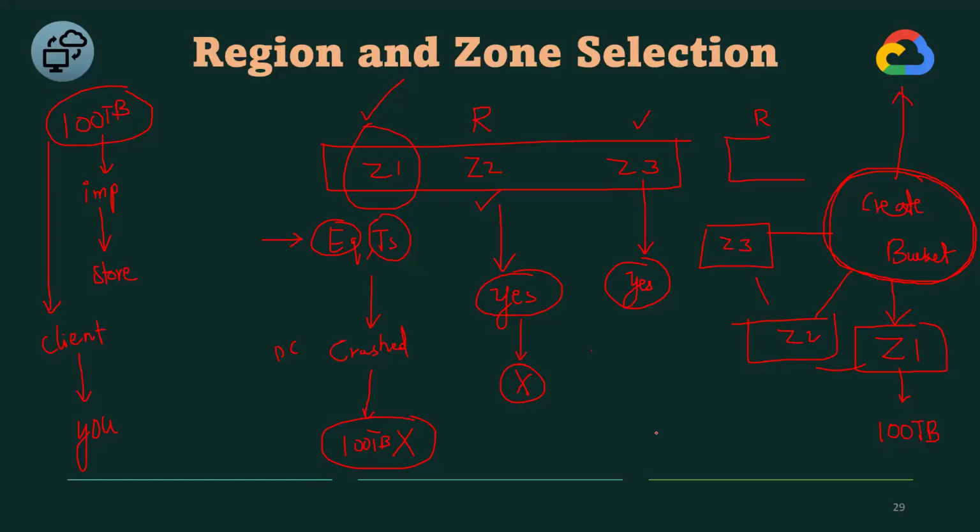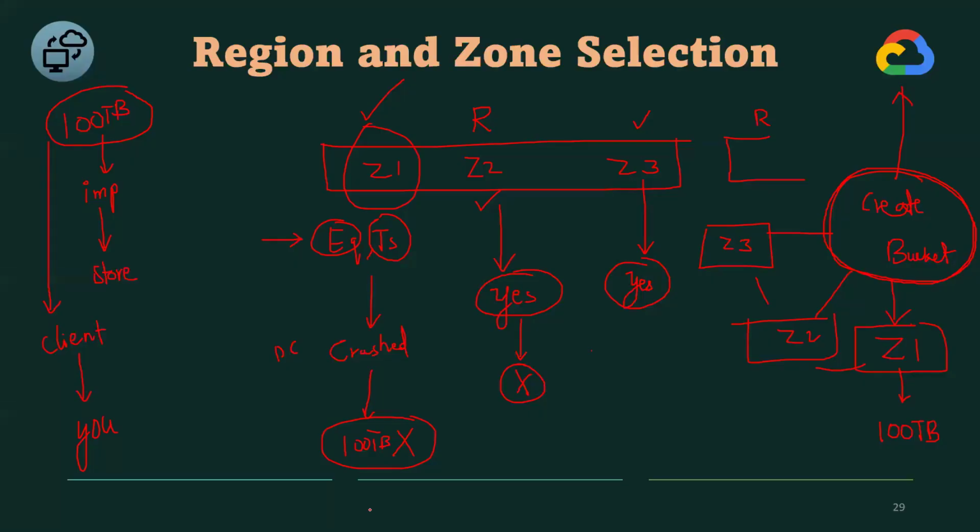So whenever you want to create any resource in GCP, you should always think about unexpected failures. Because if you don't think about unexpected failures, you select zone 1 and store the data into zone 1, and due to that, if you are unlucky and this entire zone crashes, you are going to lose your data.